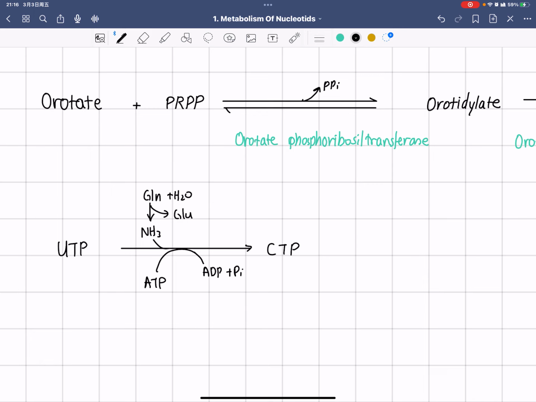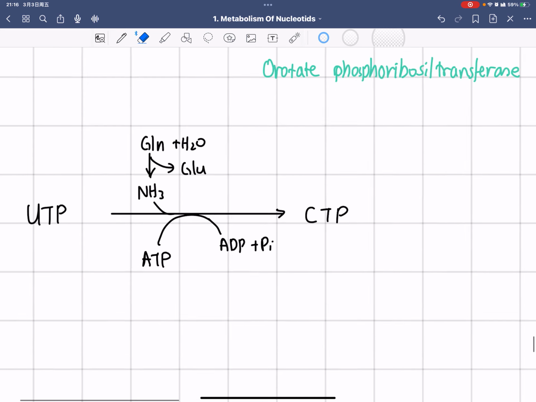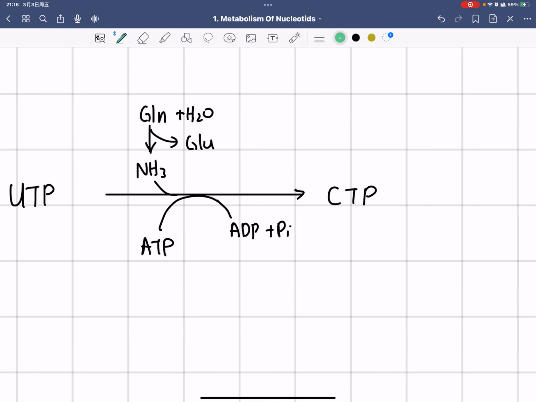Now you form CTP. Well, guess what the enzyme is called? Really easy. Easy peasy, lemon squeezy. Of course it's called CTP synthetase. You have an ATP, so of course it's synthetase.